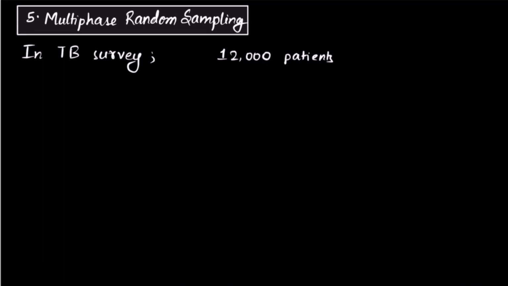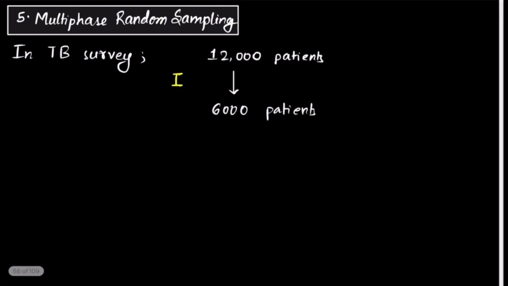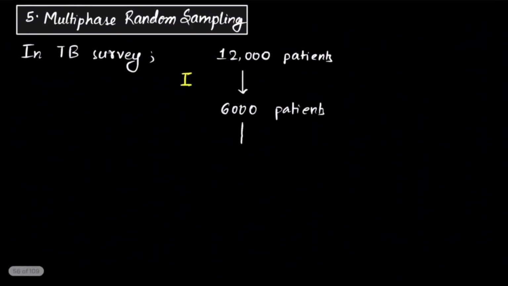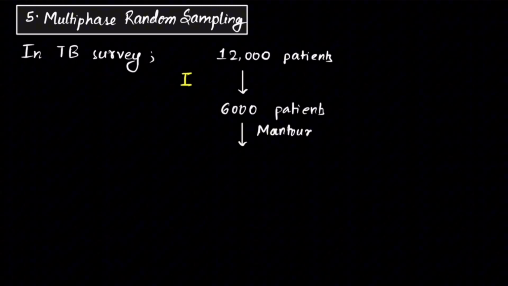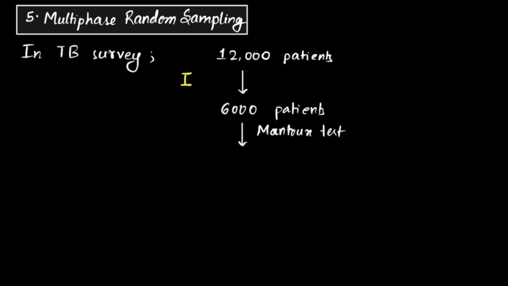Out of these 12,000 patients, a total of 6,000 patients are selected for the survey in the first phase. This is the first phase. Out of these 6,000 patients, Mantoux test is carried out.